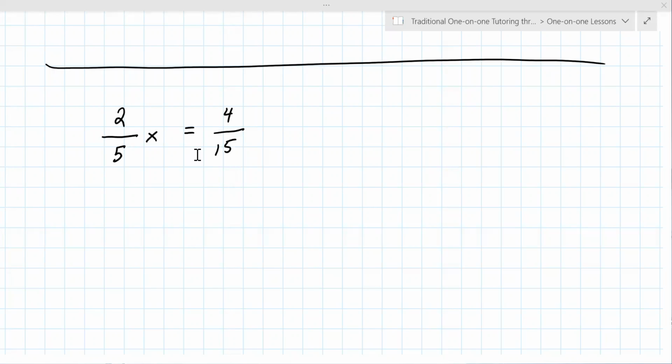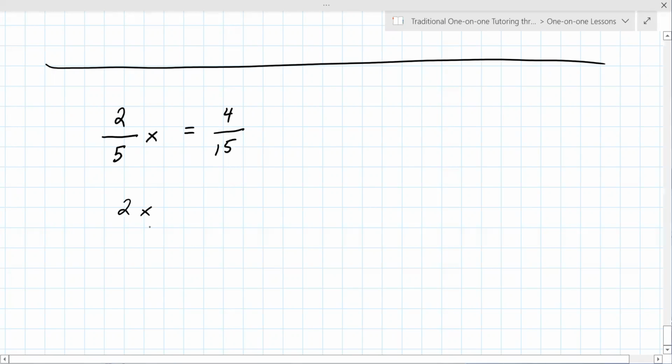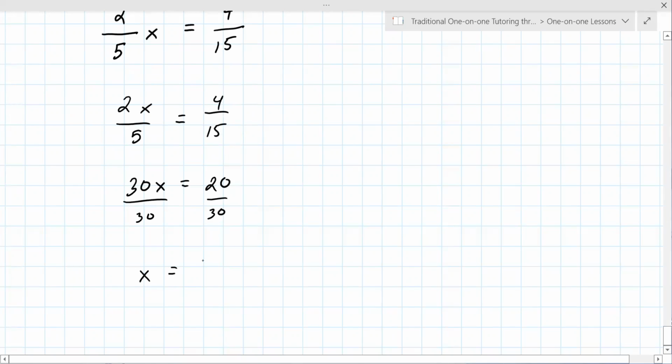15 over 10. Okay, you're getting closer. But did you multiply? I multiplied and then that gives me 2x equals 30 over 15. And now I divided by 2, and that is gonna give me 15 over, is it gonna be 10? x is 20 over 30, but you need to reduce it.